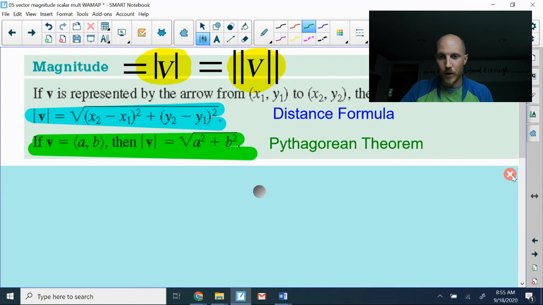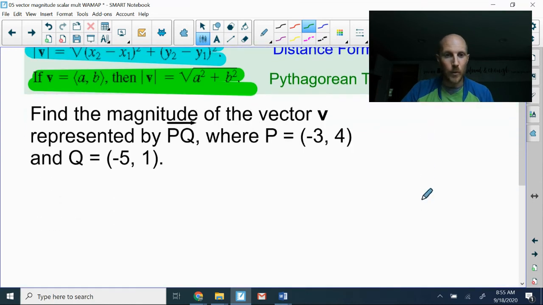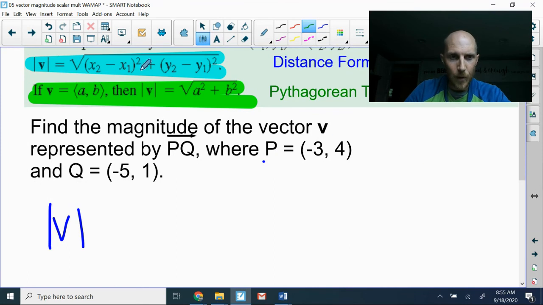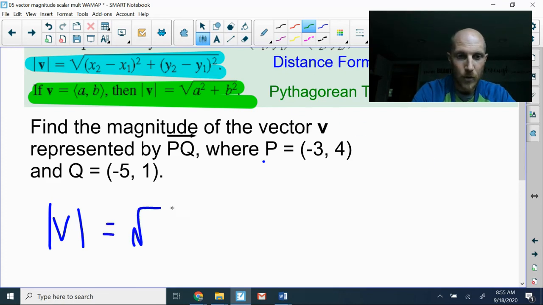So here's the same formulas again, but this time let's do an example where we're given coordinates. Okay, so in order to do the magnitude of this vector, it's represented by this ray PQ, where P is the initial point. We know that from its location in the ray notation, initial point P, terminal point Q. So make sure we can see this formula. So it's going to subtract the x coordinates, subtract the y coordinates, square them, add, just like the formula shows.